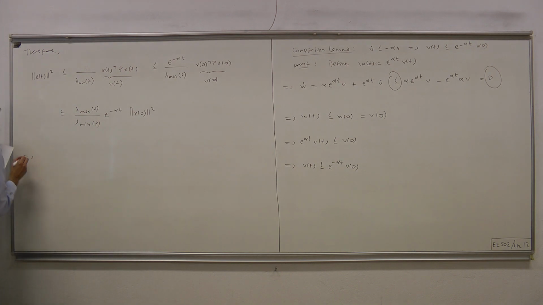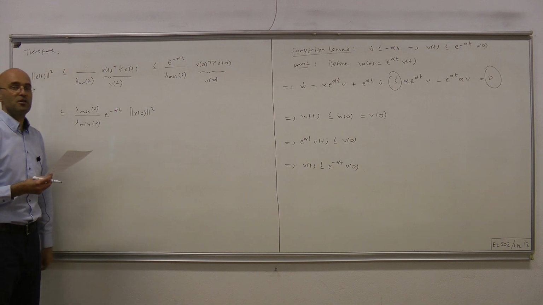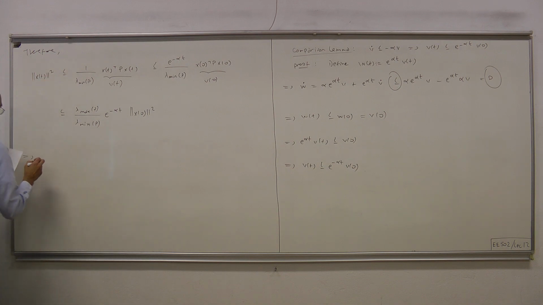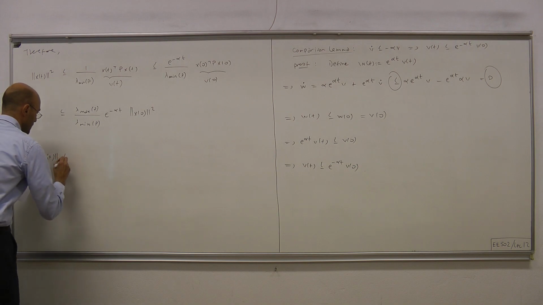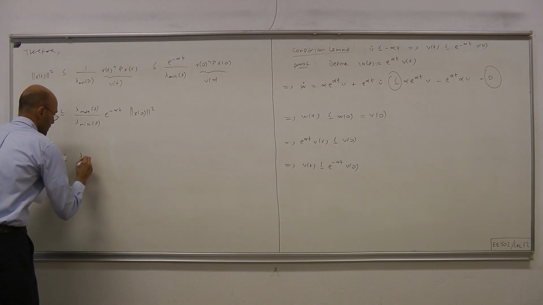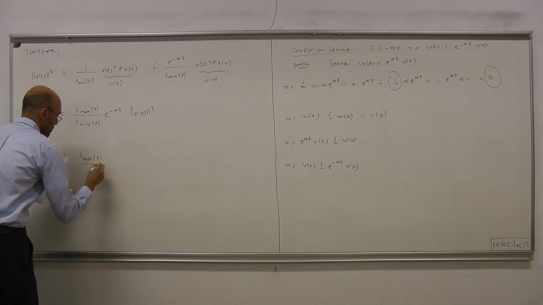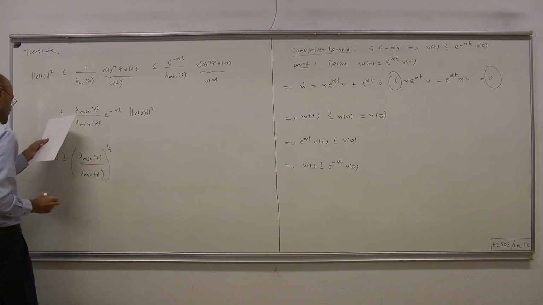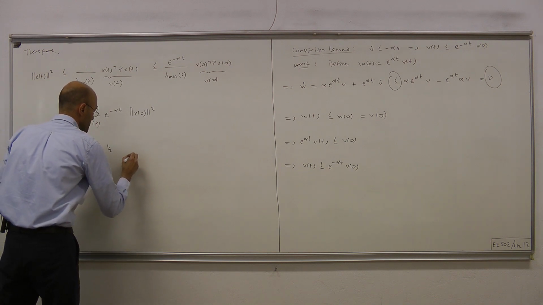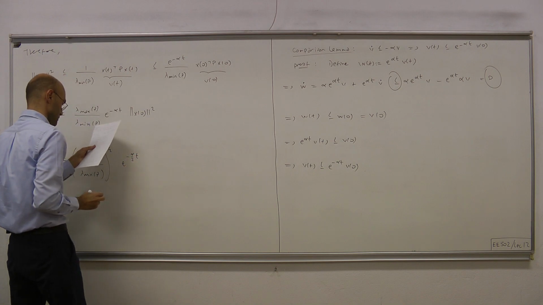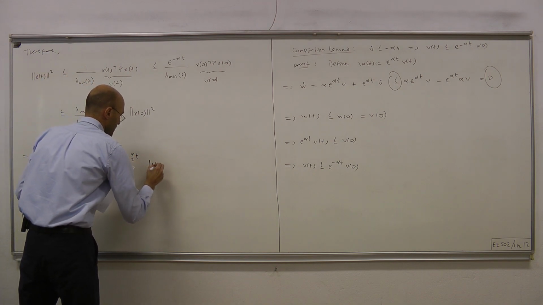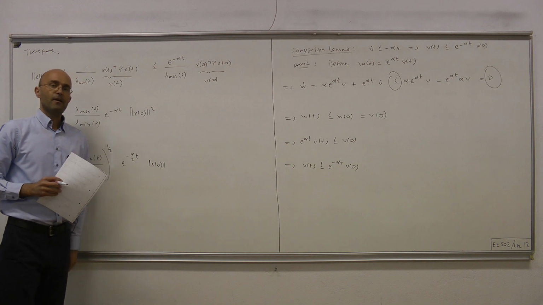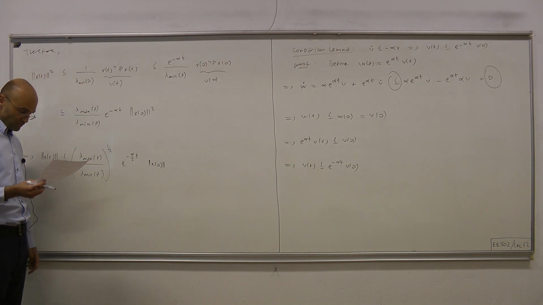Therefore, all that remains is to take the square root of both sides, and we have the following. Norm of the solution less than or equal to the square root of lambda max p over lambda min p, times e to the minus alpha over 2 t, and then we have the norm of the initial condition.